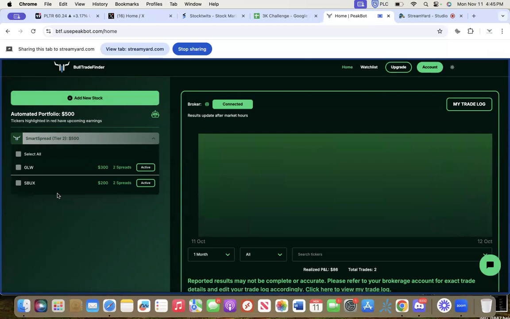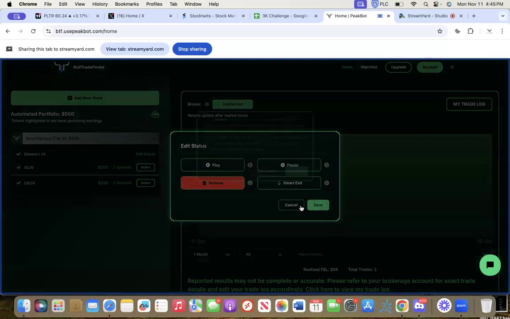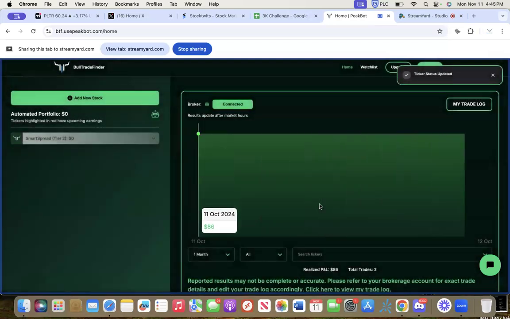Now it shows my spreads and it executes on Fridays, Mondays, and Tuesdays, right around 12 to 1 p.m. Just about. Simple as that. If you do not want these anymore and you want to do something for next week, I just remove them. You're all set. Save. Bam. You're all good. It's literally as simple as that.